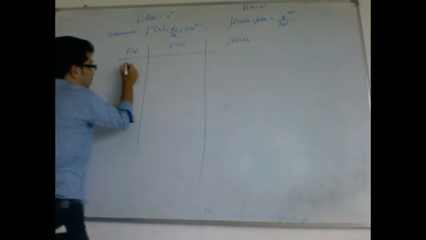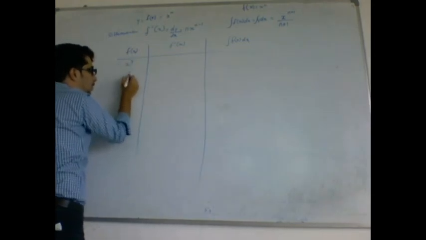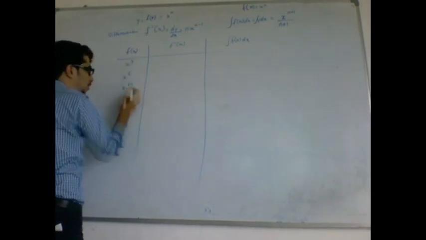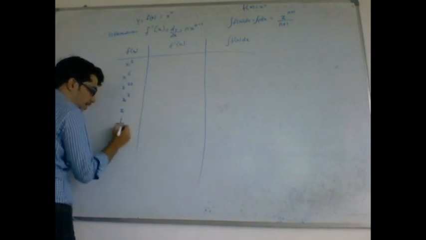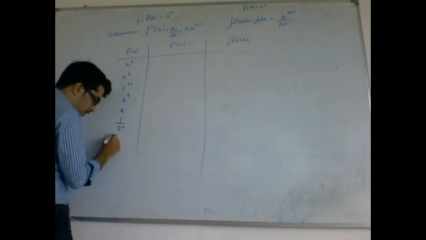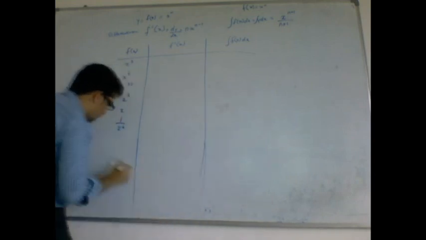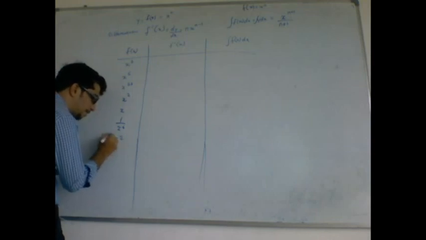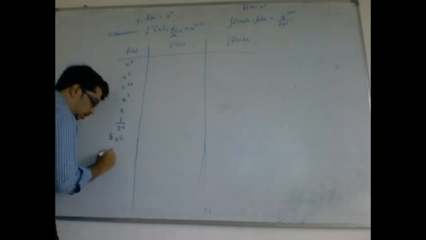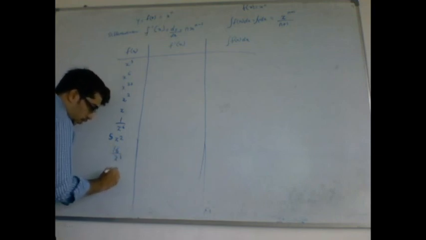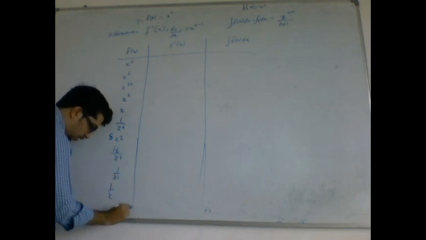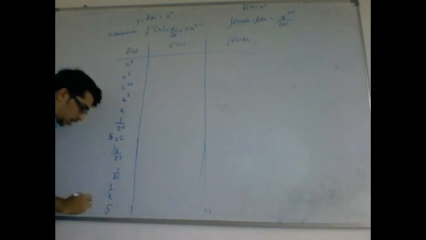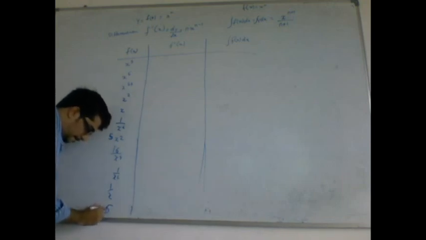So the questions are simple: x cube, x power 6, x power 27, x square, x, 1 upon x power 6, pi x square, or 16 upon x power 4, 1 by x square, 1 by x, and lastly just pi or any constant. Let me take 6.